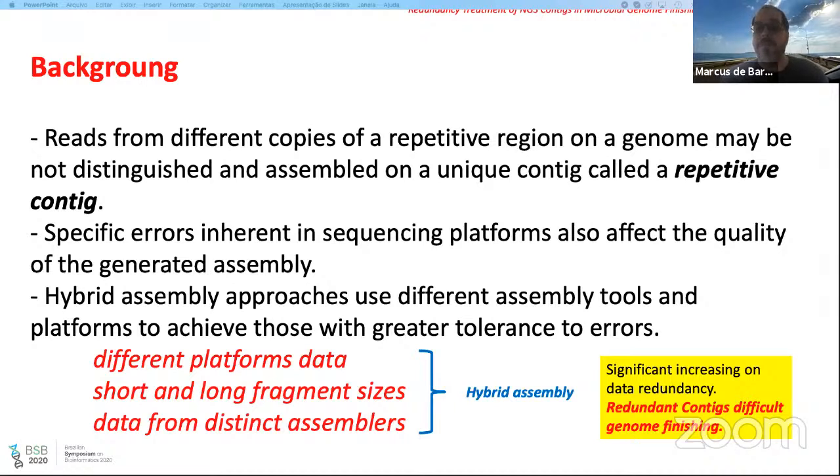Hybrid assembly approaches use different sequence platforms data, or different fragment sizes, or even data from distinct assemblers. When assembling with different assemblers and different methods, the resulting contigs are merged, generating a much larger amount of them. These contigs, in general, represent different regions of the genome and lead to different gaps.